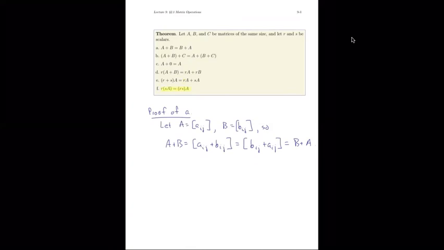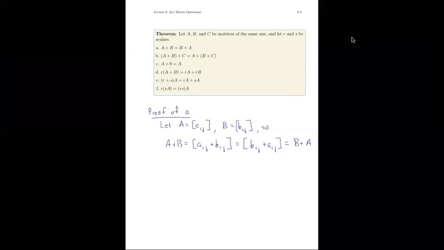And we have associativity of multiplication of scalars as well. We can multiply S times A and then by R, or we can multiply R times S and then multiply that scalar times A, and we'll get the same result either way. These are all fairly straightforward to prove. I have just a quick proof of part A, just to give you the flavor of how these results are proven.